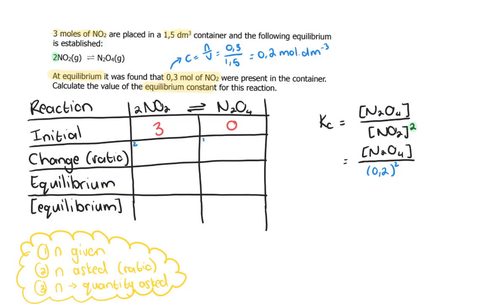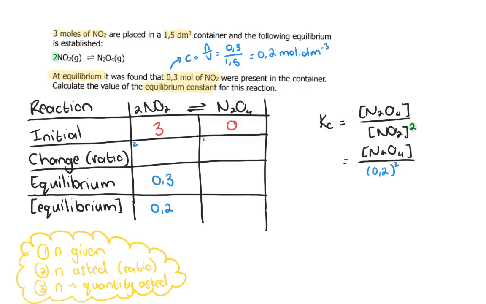And then the other value I have is my moles at equilibrium. I have this one, and I already calculated the concentration at equilibrium using my equation over there, which would be 0.2 moles per cubic decimeter. And now I have to calculate the rest.